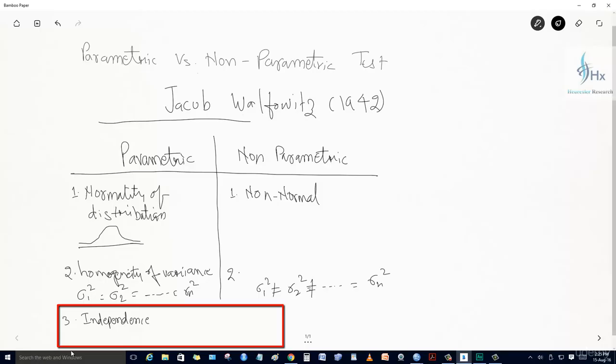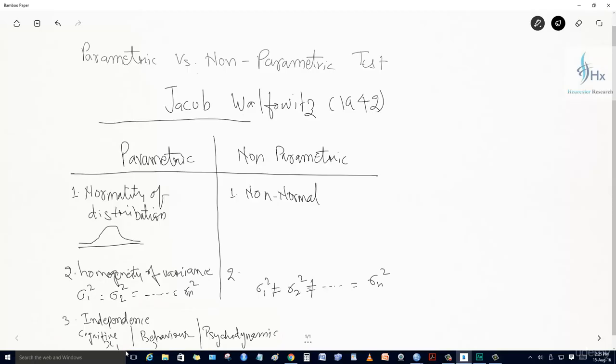It means whatever persons you have taken to study in group 1 in no way affect the score of persons in study 2. So we have taken suppose three groups, like say one is for cognitive therapy, another is for behavioral therapy, and this for psychodynamic therapy.